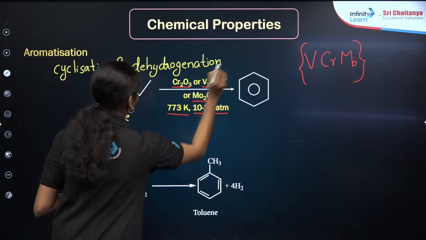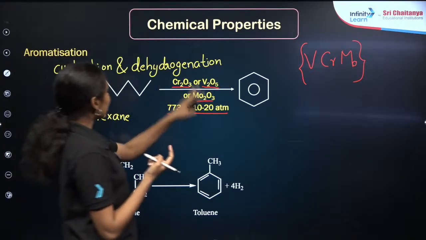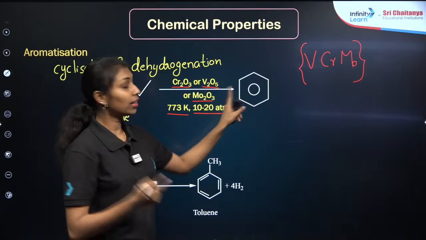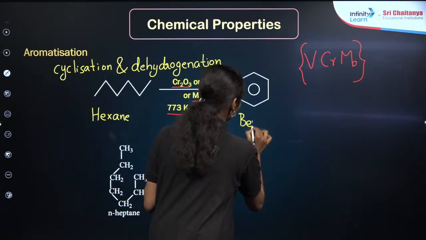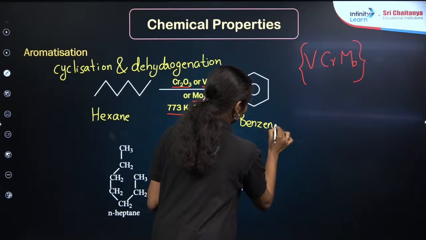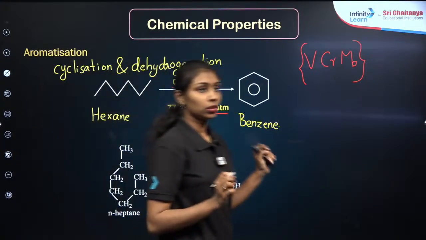Clear? So this will be our first compound, hexane. It will be reacting with this particular catalyst to form the simplest aromatic compound known as benzene. Clear? This particular catalyst is also very important.